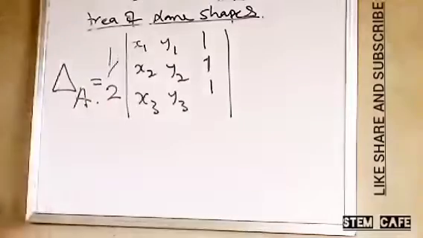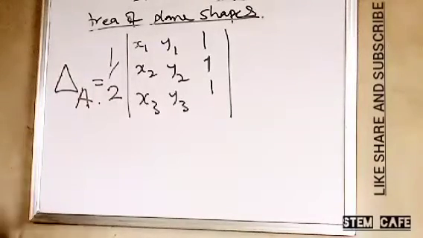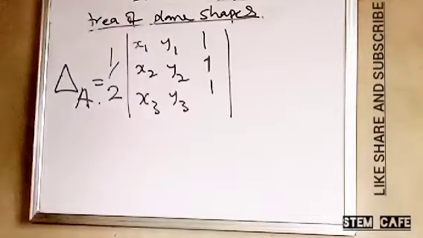That is the area of the triangle using determinants. So this one is also easy and straightforward if you know what a determinant is. In this course, we will get to determinants and matrices later on.